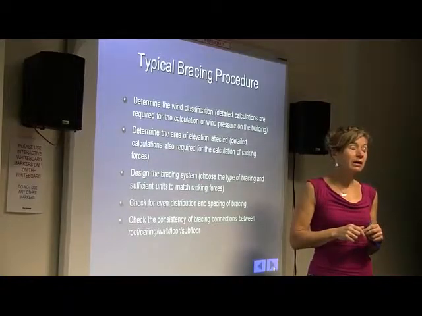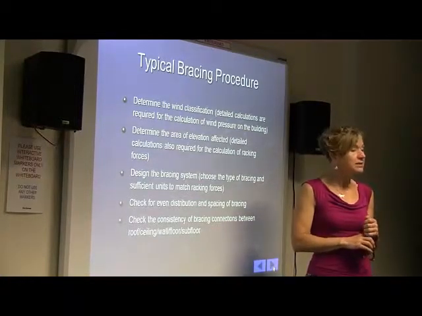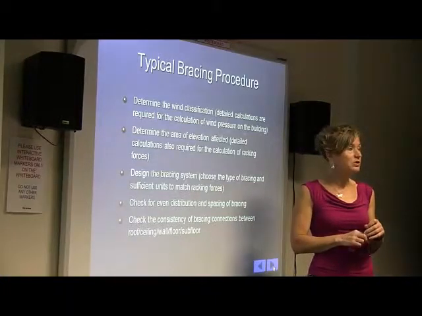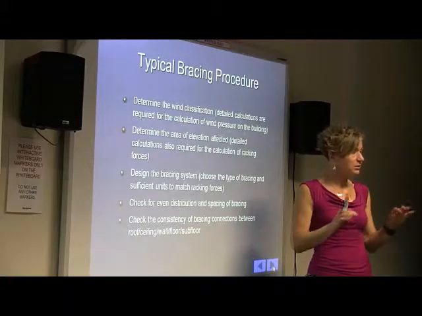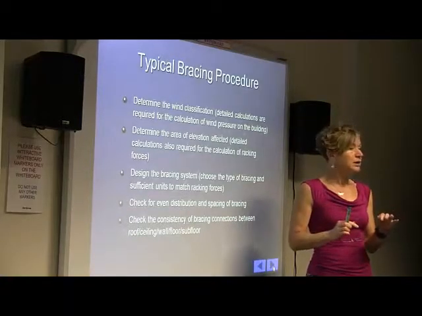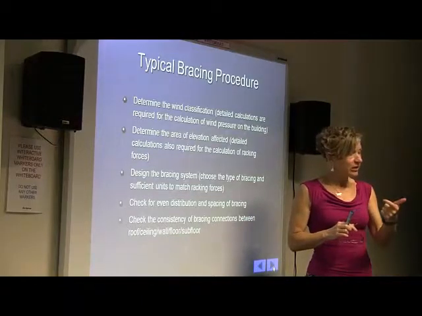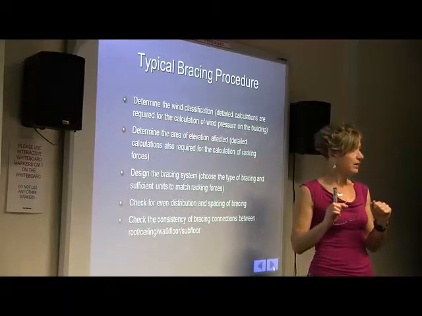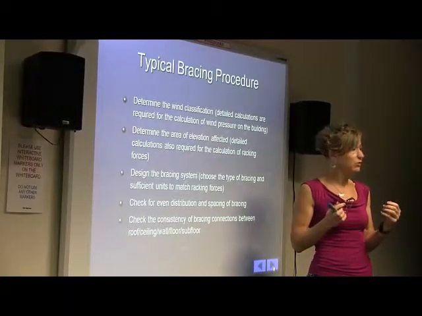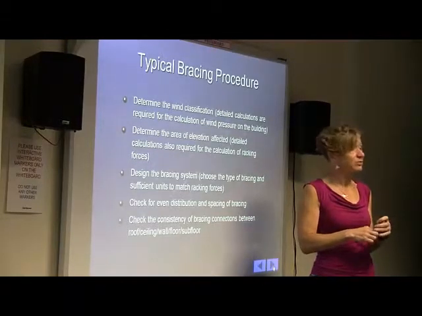But you need that area because the wind is given to you in pressure. So AS 1684 gives you the wind pressure on a certain face of a building, on all the different faces in fact, so that you can work out the pressure and area, you can work out the total force. Okay? And you need to know the total force because you need to put in an amount of bracing that can resist that amount of force.